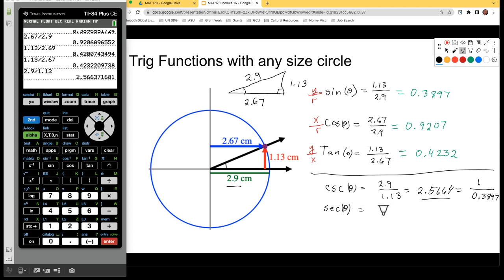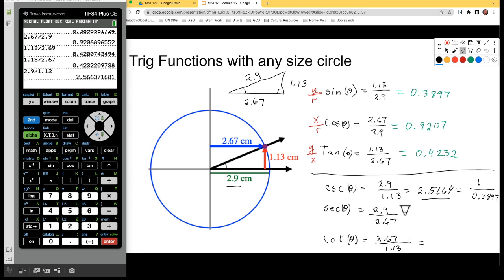So we take our cosine, and it's going to be 2.9 divided by 2.67. And then cotangent is the reciprocal of the tangent. So we can get that by 2.67 divided by 1.13.